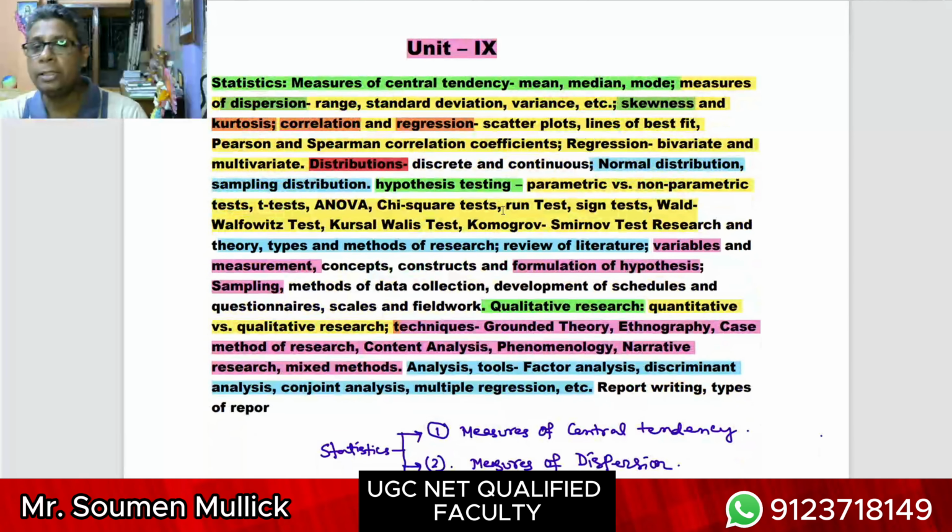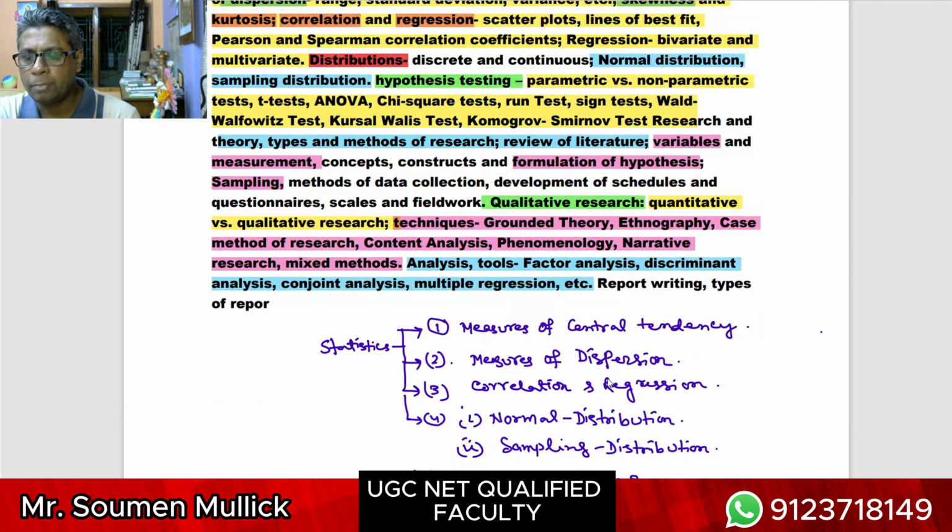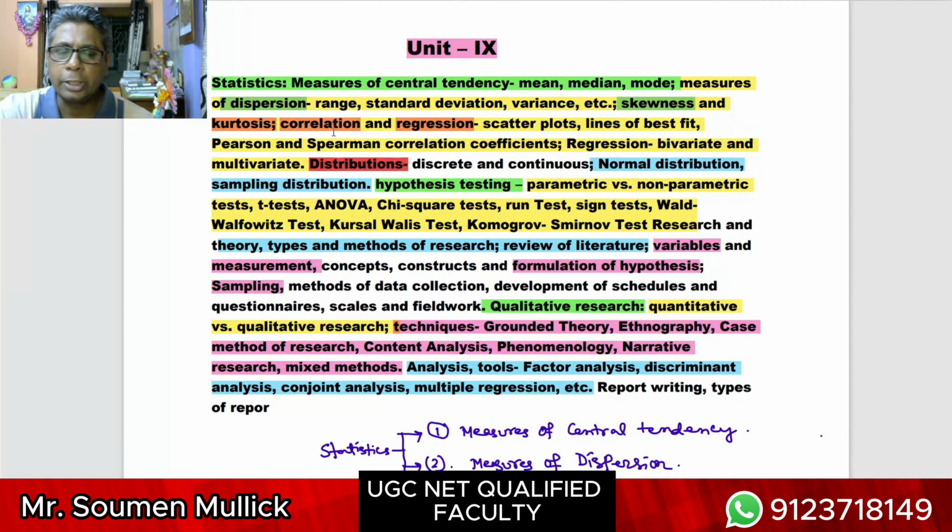Now this is another interesting part: the syllabus. I have divided the syllabus of research and statistics into a few parts. Number 1, statistics: measures of central tendency based on mean, median, mode. Next, measures of dispersion. Under this section you will get the range, standard deviation, variance, skewness and kurtosis, correlation, regression, and another important topic.